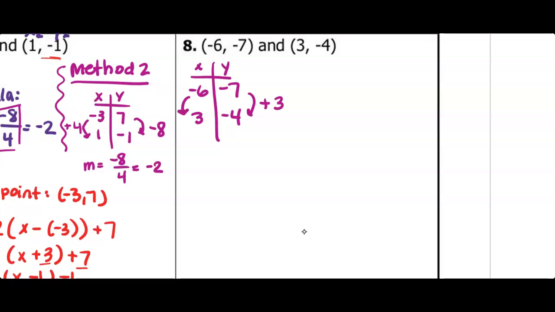And from -6 to 3, I'm actually adding 9. So my slope, I'm going to put it up here for space, is going to be 3 over 9, which is 1/3. Remember, fractions are okay when it comes to slope. Leave them as fractions, improper fractions, proper fractions, doesn't matter, but fractions are okay.